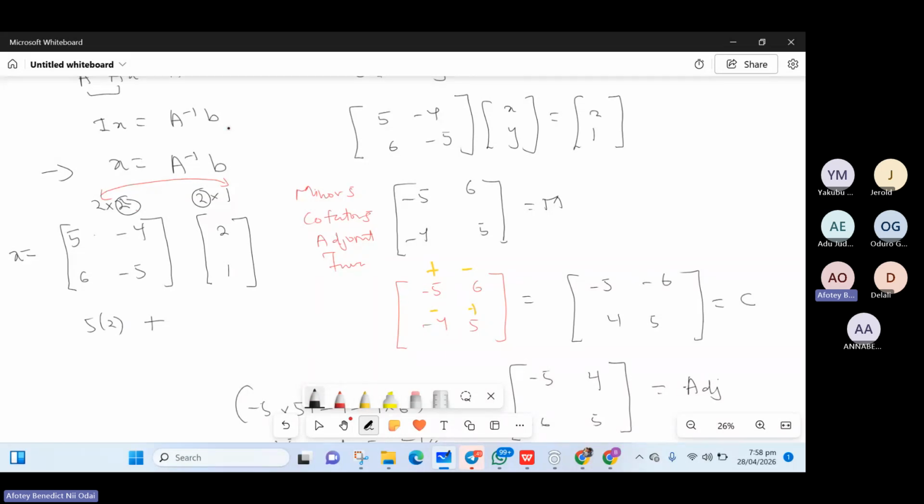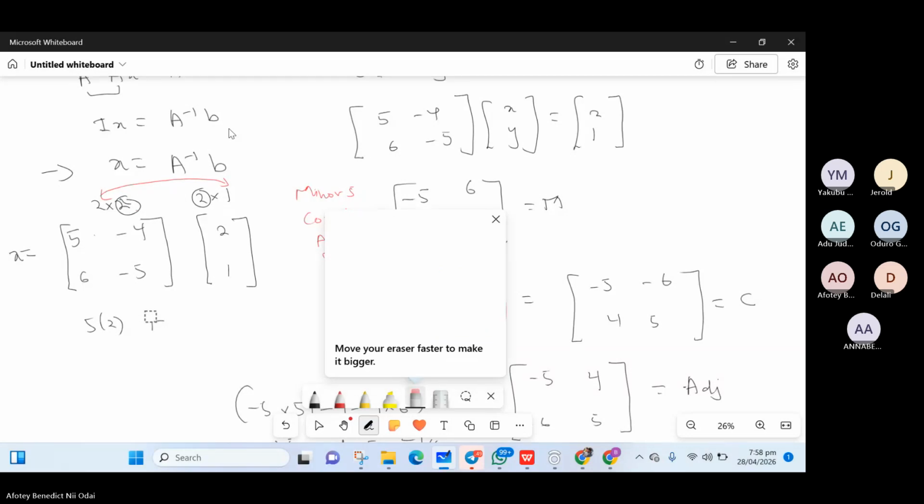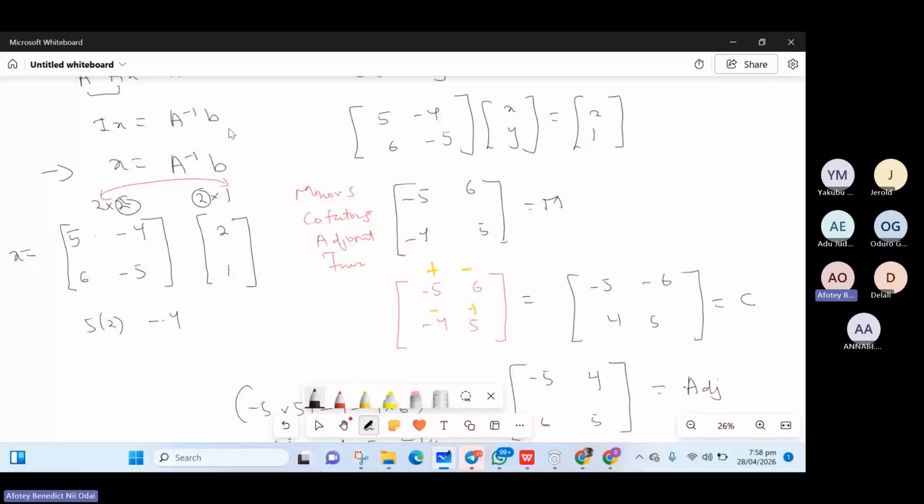So 5 times 2, -4 times 1, 6 times 2, which is 12, minus 5 times 1. So this results in 10 minus 4, which is 6, and 12 minus 5, which is 7.